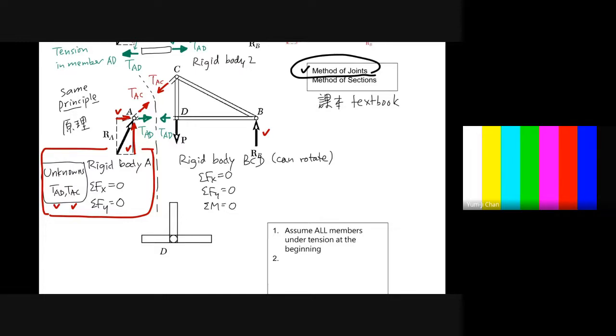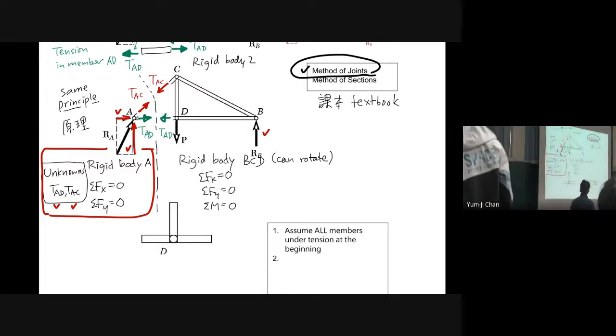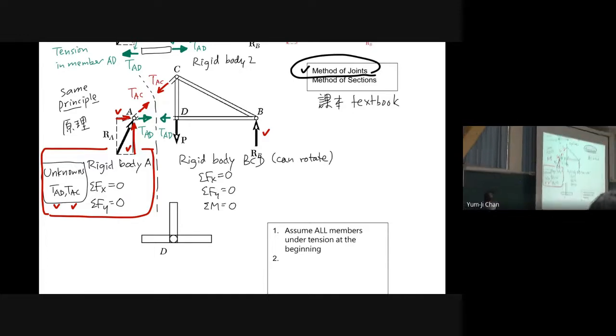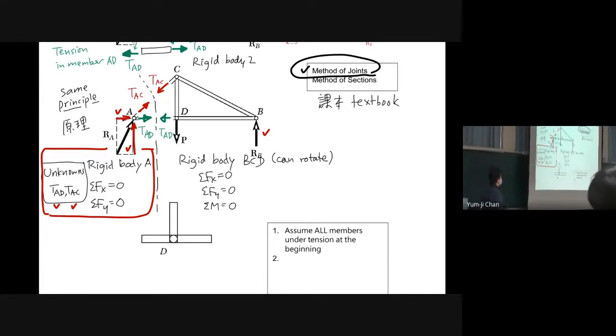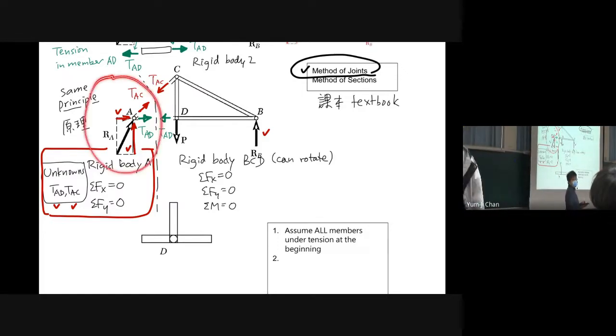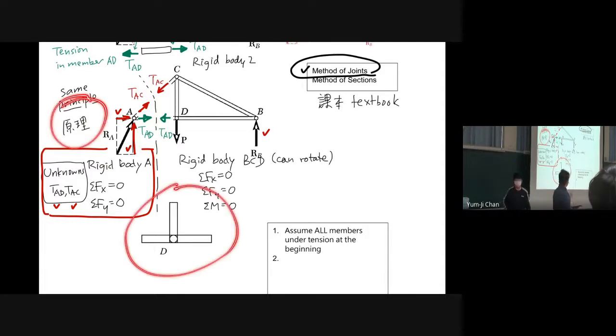So we get this rigid body after a long process, but of course, after you know the principle, the other joints can also be drawn quickly.